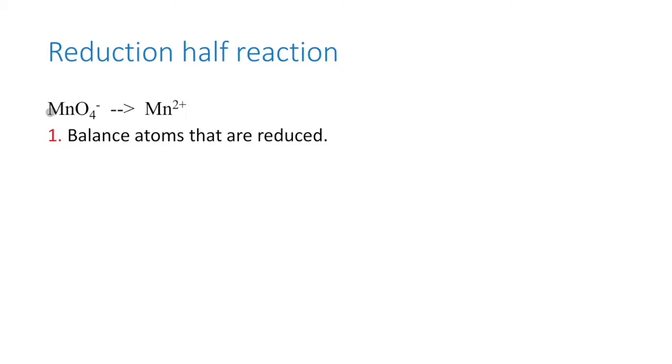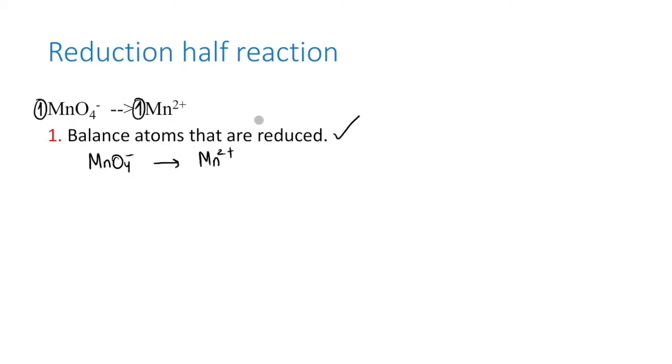Here we have Mn the metal. We have 1 Mn here, and 1 Mn here. So it's already balanced. So after balancing the atoms that are being reduced, we get MnO4 minus becoming Mn2 plus. So first step is checked.